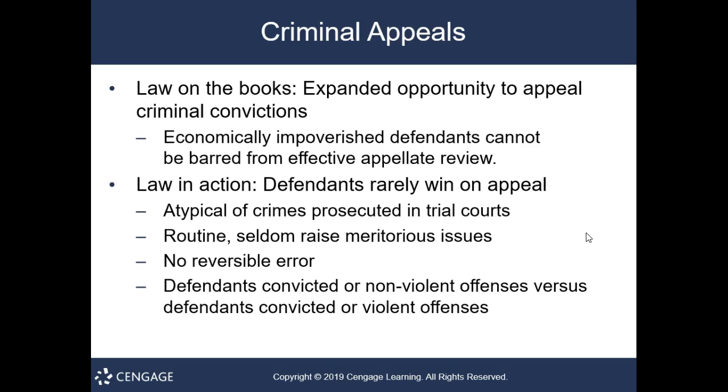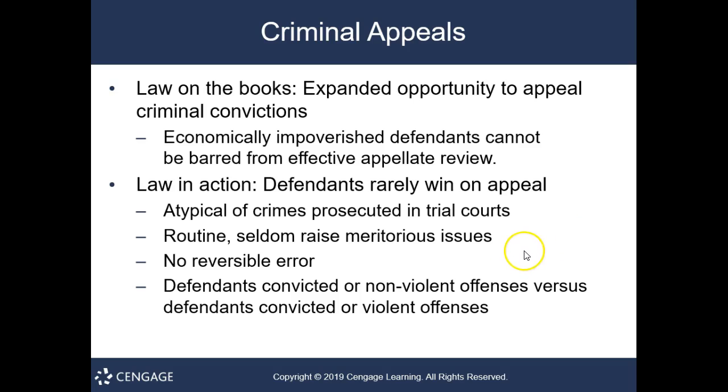If it would not have made a difference, then you're not going to get a reversal. It's harmless error. Even if it's an error of law, it will be found to be harmless error. You would have been convicted anyway, and boom, you're done. You've lost your appeal. Now you had one right of appeal. Essentially, the case is over at that point.